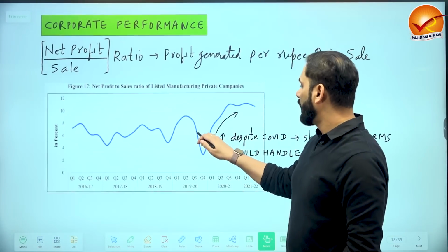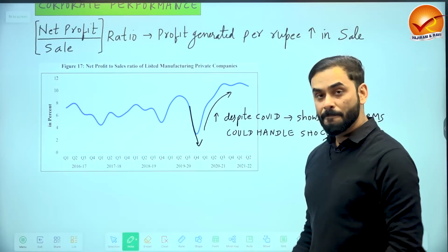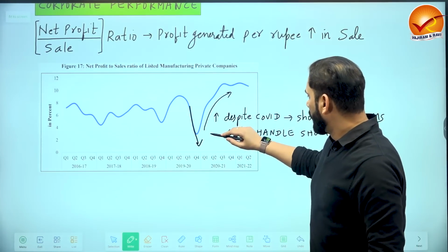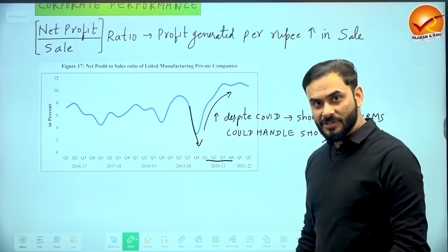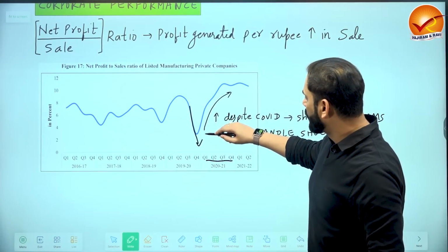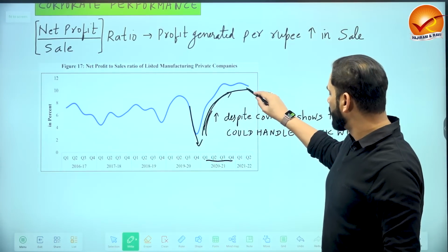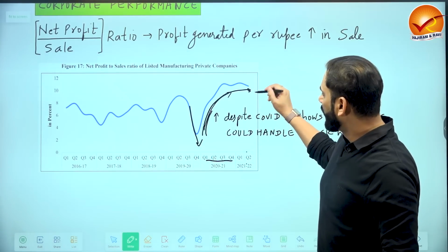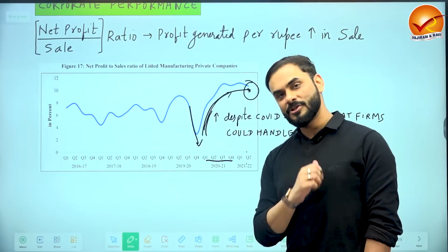It was very low. But then you see that even when we were suffering from crisis, the ratio of profit to sale kept on increasing slowly. And now if you see around 2021, the ratio of profit to sale is decent. It's good. What does it show?